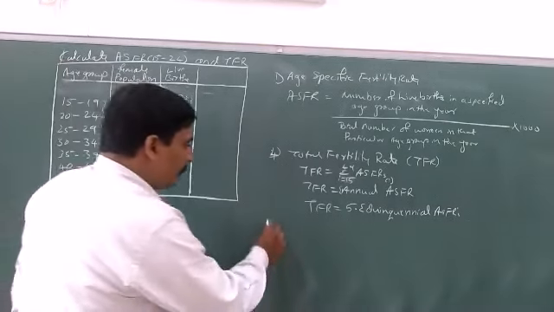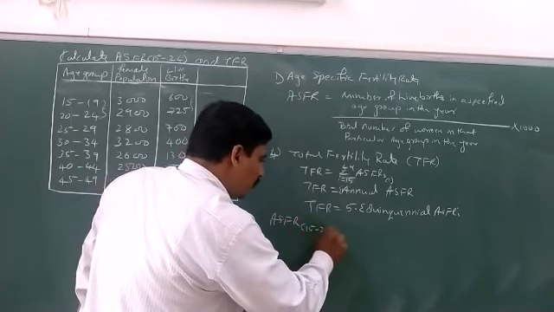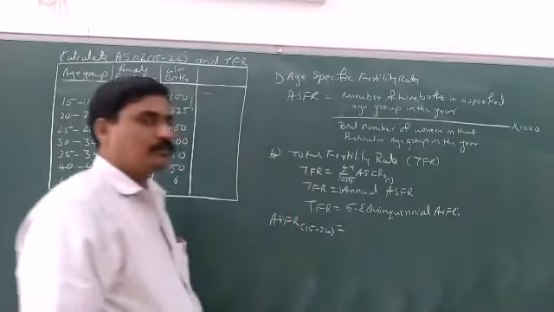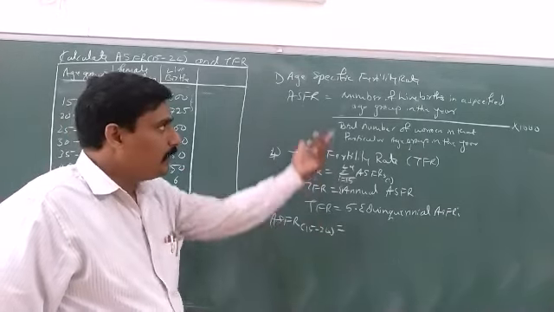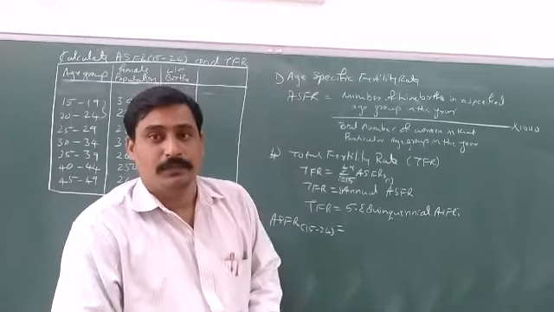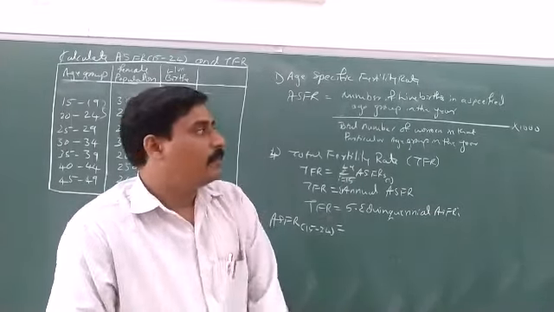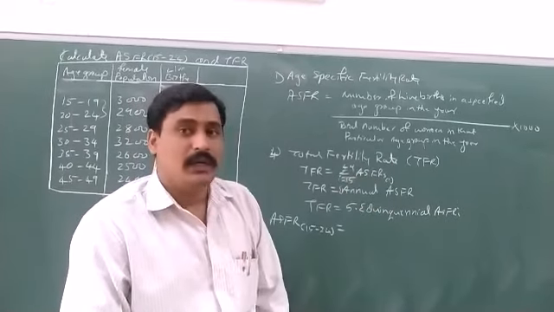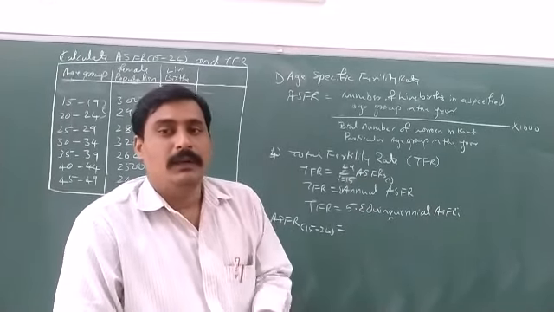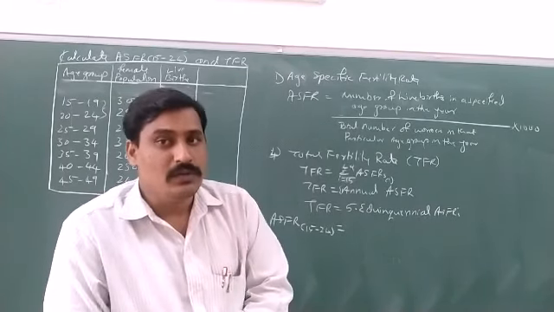So first, ASFR 15 to 24 is equal to, the formula will be, number of live births occurring to females of age group 15 to 24 in the year divided by total number of women in the age group 15 to 24 in the year into 1000.